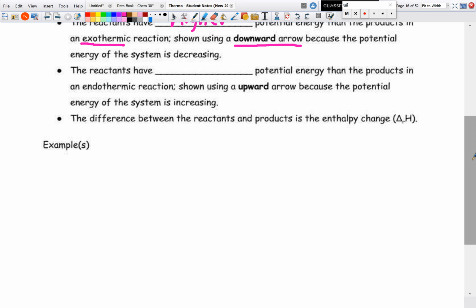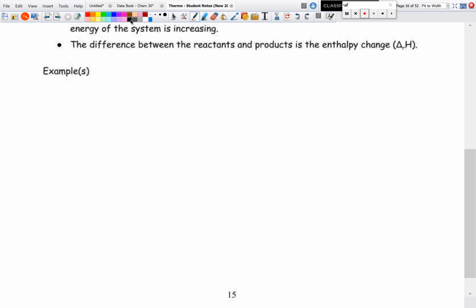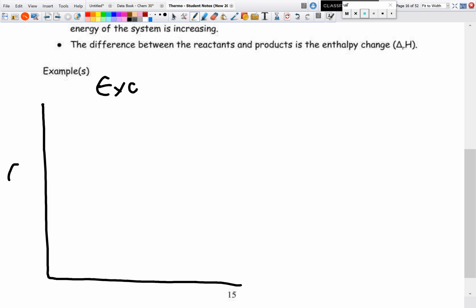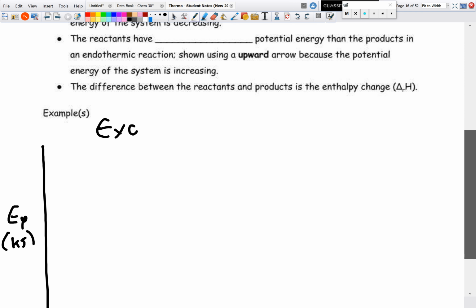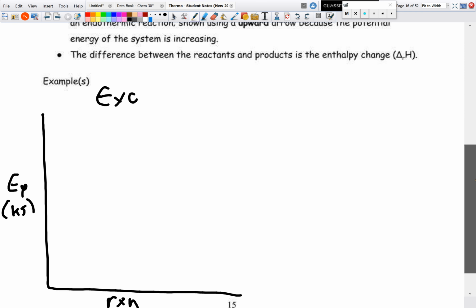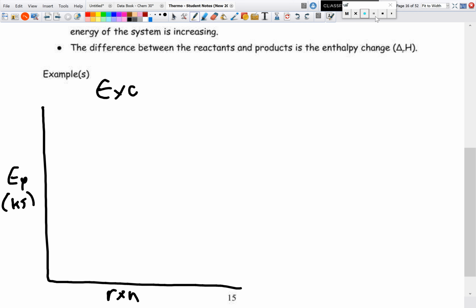I'm going to draw the example before I talk about the endothermic. Graphs will look like this. We have our reaction on the x-axis and potential energy, normally in kilojoules, on this side. For an exothermic reaction, the reactants have a higher potential energy. The exothermic reaction on our previous slides was the formation of ammonia.